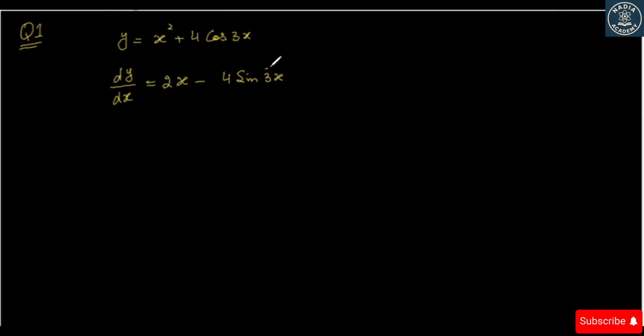Then we also need to take the derivative of this angle 3x. The derivative of 3x is 3, so we multiply that 3 with 4. So the answer is 2x minus 12 sin 3x. This is the answer to this very simple question.